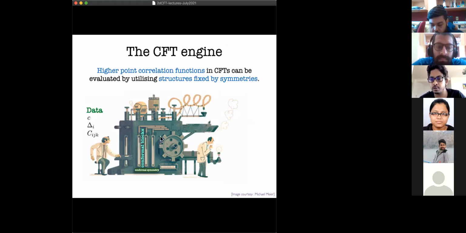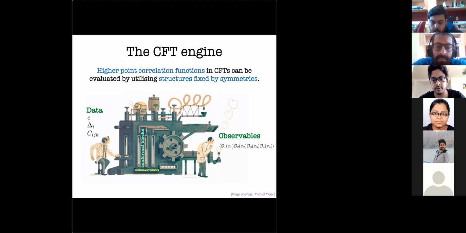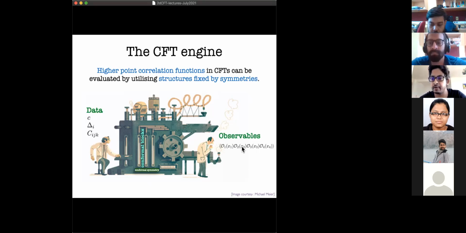You can use this machinery of conformal blocks in order to calculate observables of interest, like higher point correlation functions. Like the 4-point function, which has a lot of uses, like calculating entanglement entropies, OTOCs, and so on. You can use these symmetries and combine them with the information about a given CFT in order to find these observables.